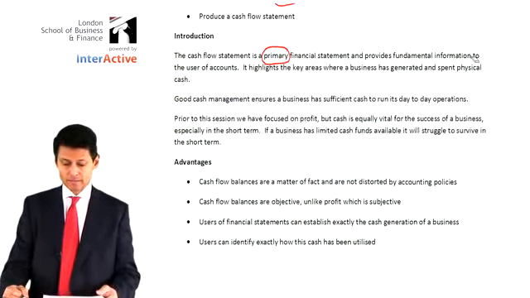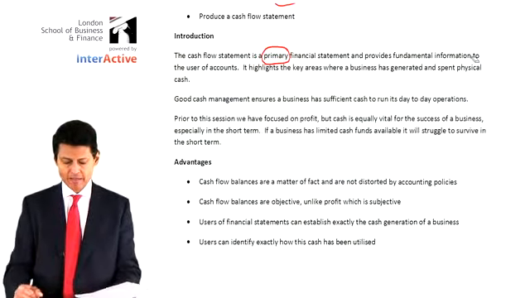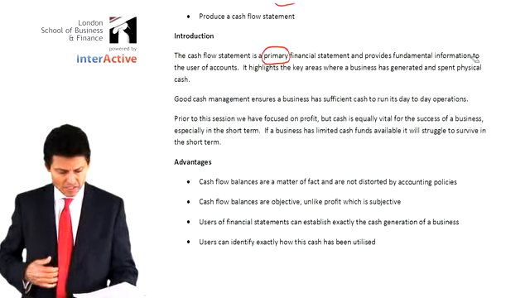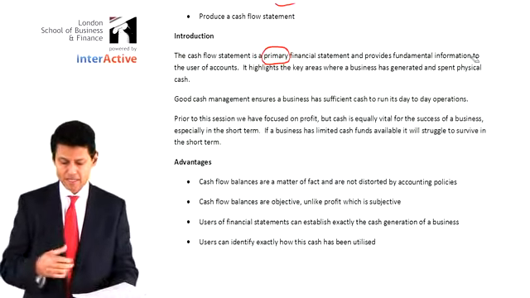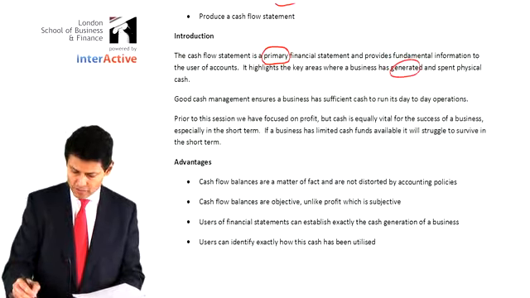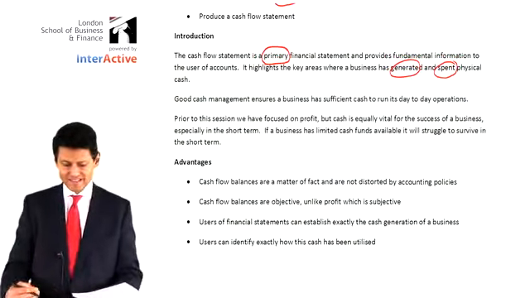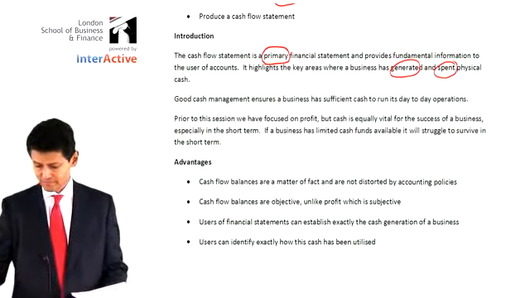A primary statement that provides fundamental information to the user of the accounts. It highlights the key areas where a business has generated and spent physical cash. So let's highlight things like that. The word generated, spent, the actual cash. All of us can relate to cash.